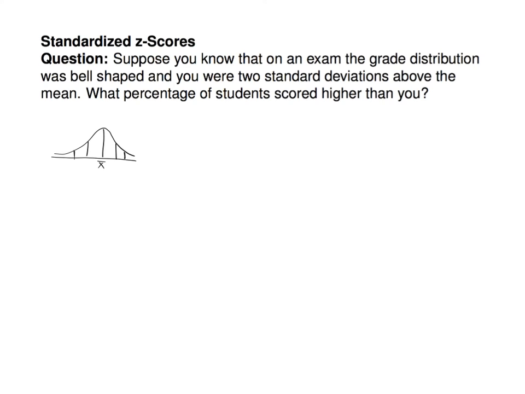So if you're 2 standard deviations away, you know that 95% of people fell between the low end and the high end, which means of the remaining 5%, 2.5% fell up there, and 2.5% falls down here. So if you are right here, what percent of students scored higher than you?